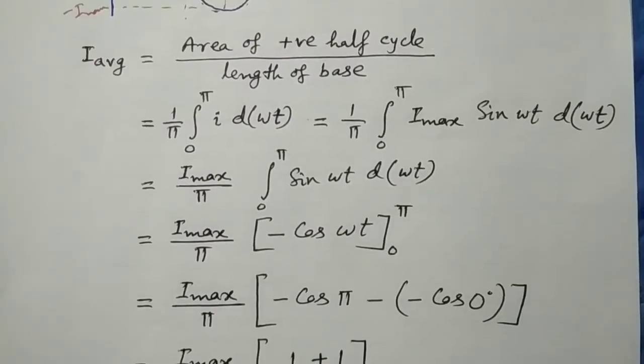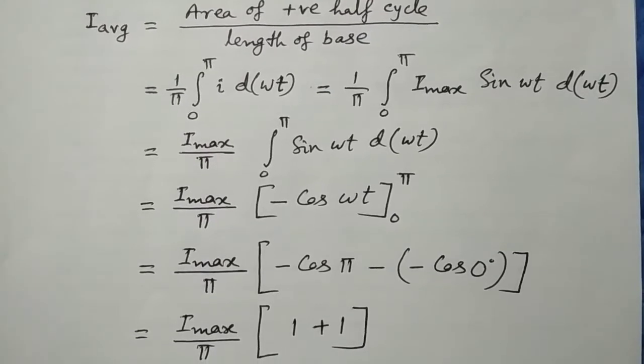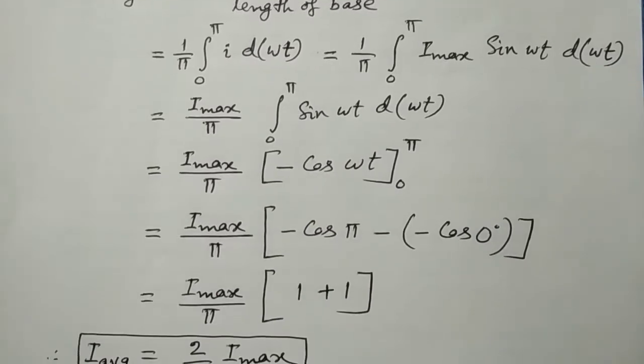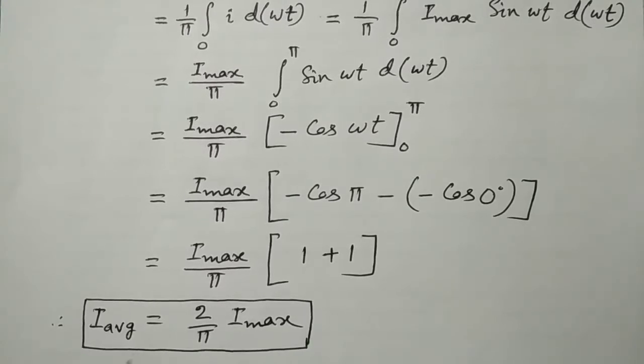As we know that cos pi is equal to minus 1, and as there is already a minus, it will be minus minus 1, that means plus 1. Then again minus and minus makes the positive plus, and cos 0 means 1. So finally we will get the average value of the current, that is 2 by pi of I max.